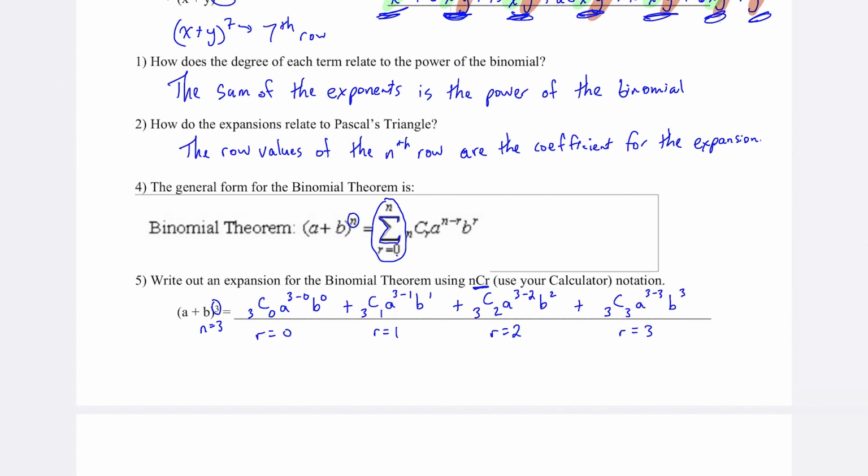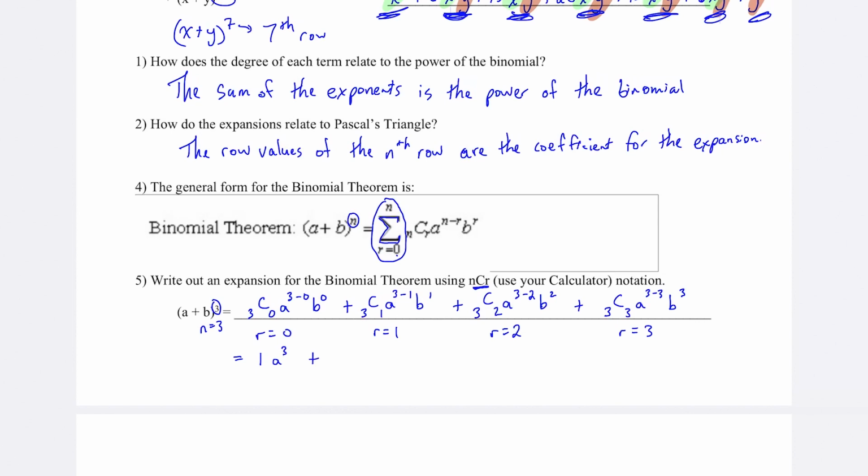All right. If you were to punch this into your calculator, if you punch in 3 choose 0, you would get a value of 1. Then you would have a to the power of 3 minus 0, which is 3. And b to the power of 0 is just 1, so we can ignore that.